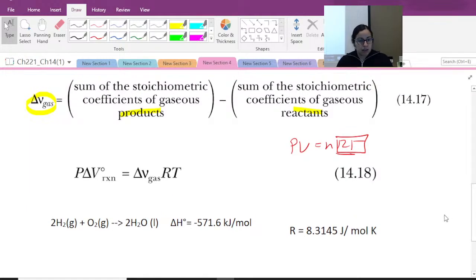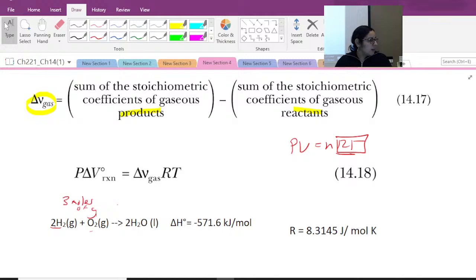So let's look at this, and we can work through it. So we can figure out at least our difference from our change in gaseous reactions. And so how many moles of gas do we have on our reactant side? So we have 3 moles of gas, just adding up our coefficients.